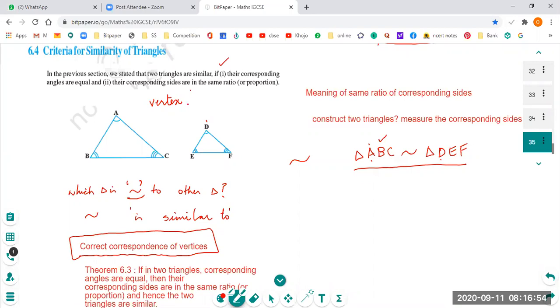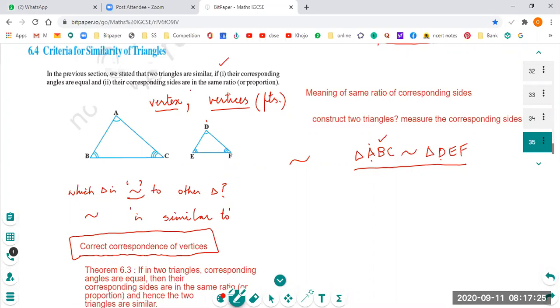A vertex is singular and the plural is vertices. So obviously in triangle ABC, these 3 points A, B and C are the vertices. So vertices are basically points. Similarly, in triangle DEF, D, E, F are the 3 vertices.